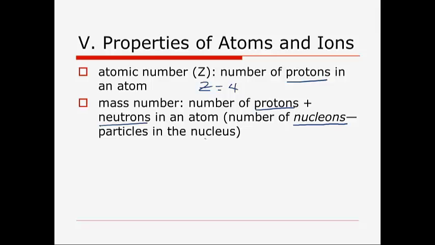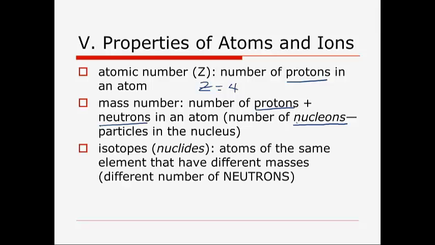It's basically just a particle in the nucleus. Isotopes: if atoms are isotopes of each other, they have to be the same element. You cannot have isotopes of different elements. They have to have the same number of protons, but what makes them different from each other is that they have different masses. So they have the same number of protons but different numbers of neutrons.